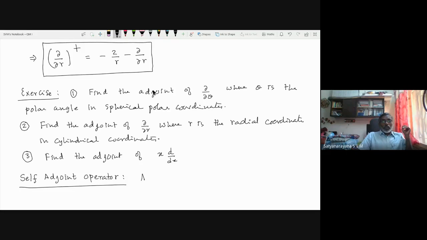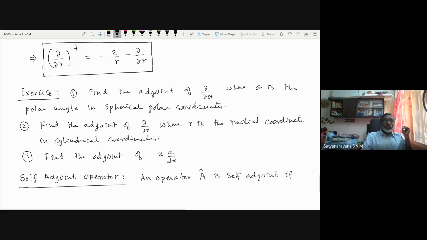Now, an operator A is self-adjoint if and only if... okay, I don't have to write if and only if, because this is just a definition.